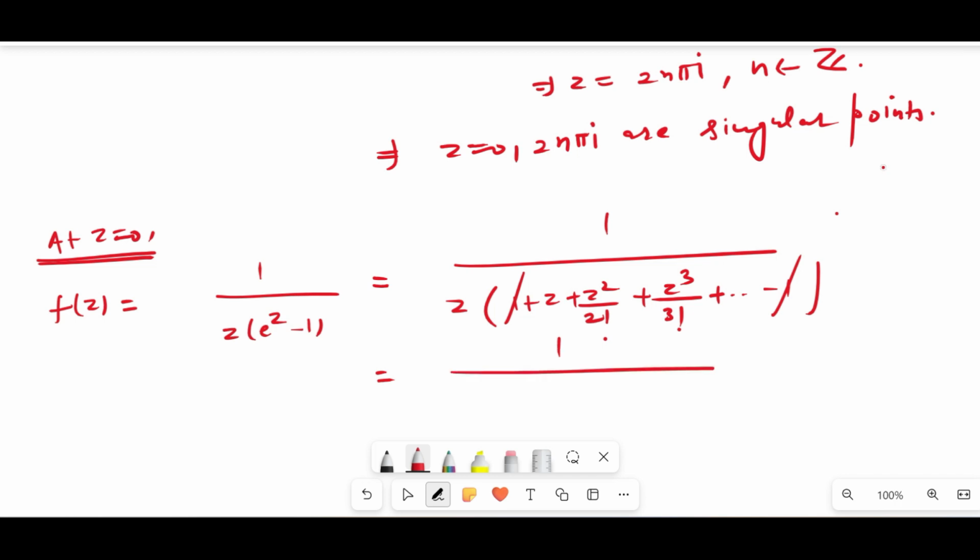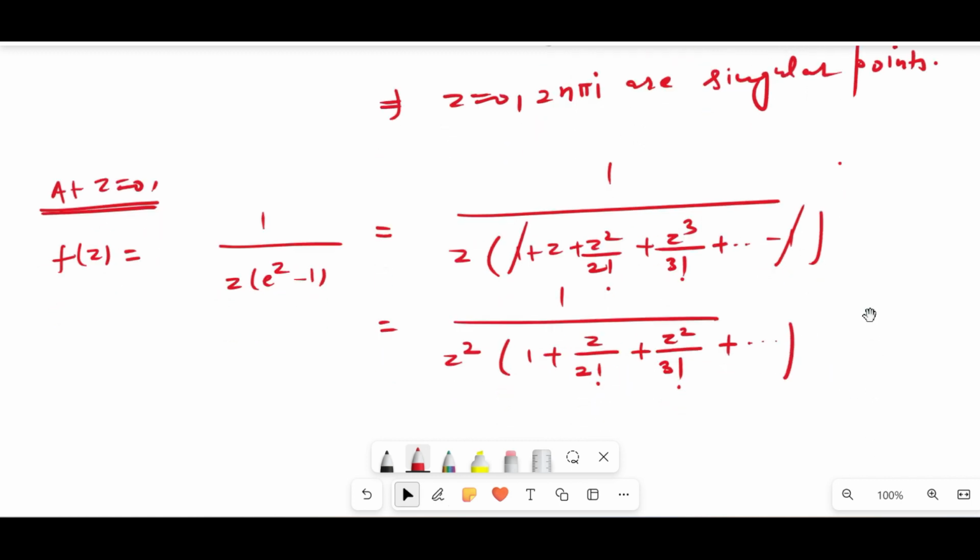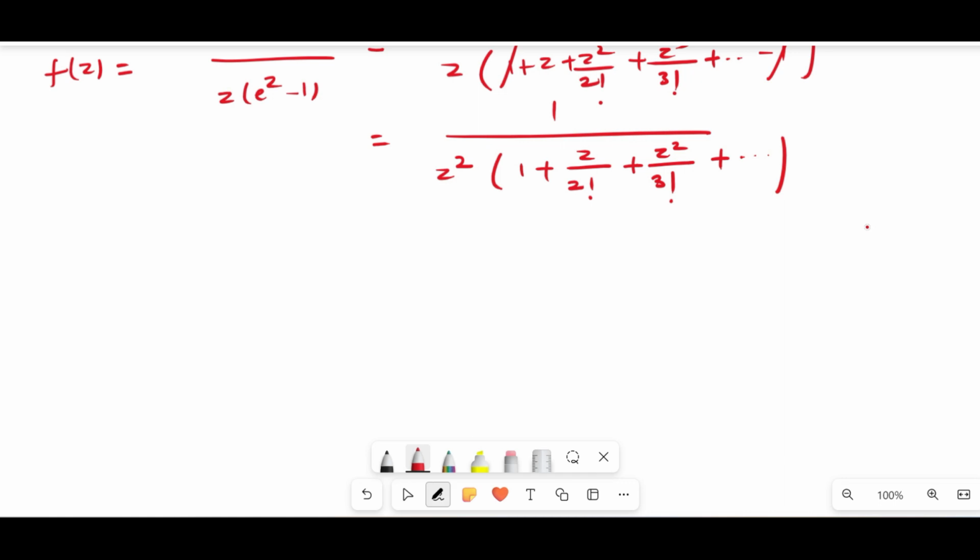Take z as common, that is z square times (1 plus z by 2 factorial plus z square by 3 factorial plus dot dot dot). So now here we can write that it's 1 upon z square, that is (1 plus z by 2 factorial plus z square by 3 factorial plus dot dot dot) whole inverse.